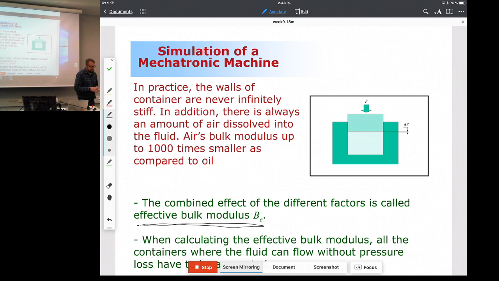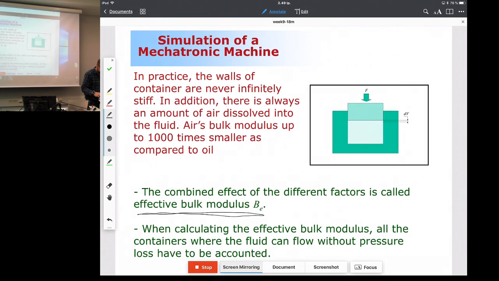That's what we're going to take a look at next. In order to calculate it, which is related to how we define the pressures in the hydraulic circuit, or how we use the concept called lumped fluid theory, we have to account for the flexibility in all the containers that are connected together without pressure losses. So that's exactly what we're going to do next.